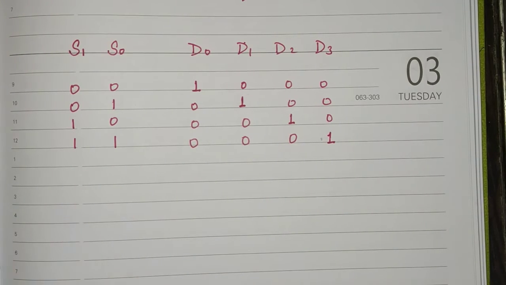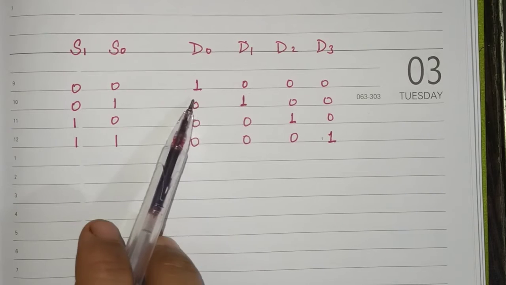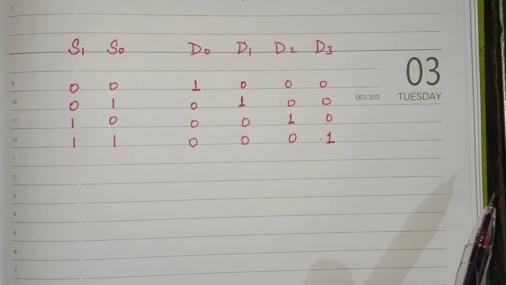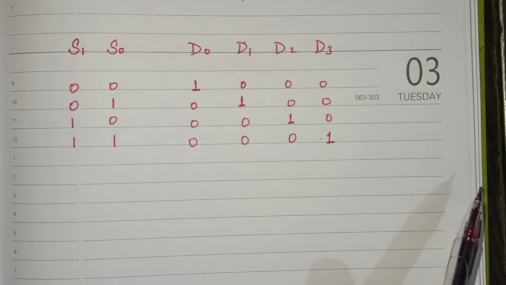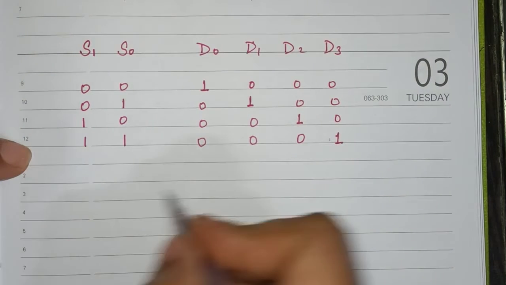So it's the truth table of the 2 to 4 decoder. You can see in the output you always find a diagonal of ones, in diagonal form.